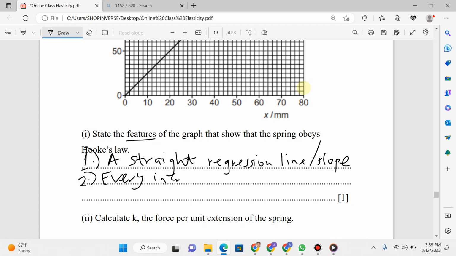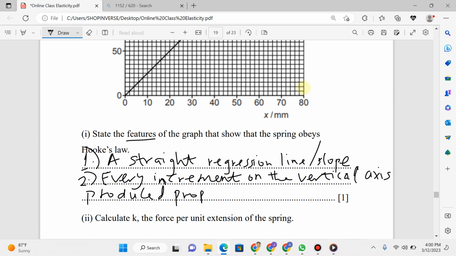Every increment on the vertical axis produces a proportionate increment on the horizontal axis.